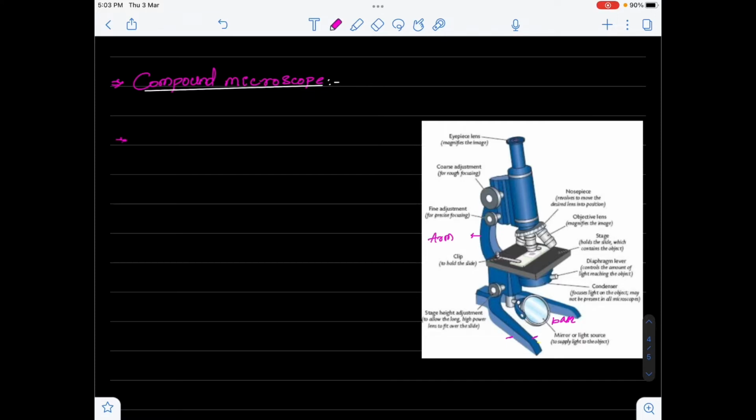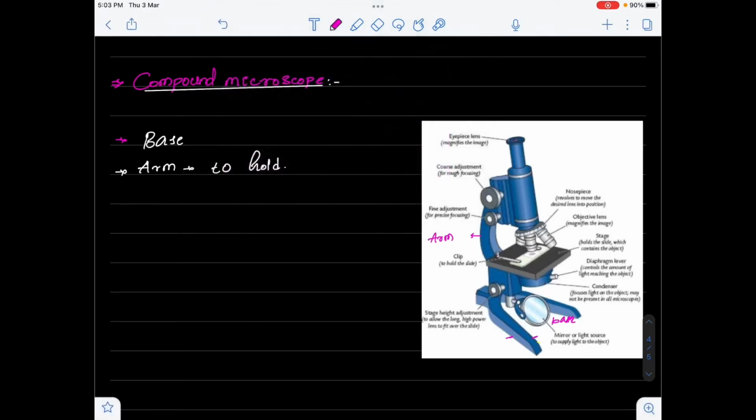Just let me note down. Here the base is an important part, and the next one is the arm. With the help of this arm we can hold the microscope.